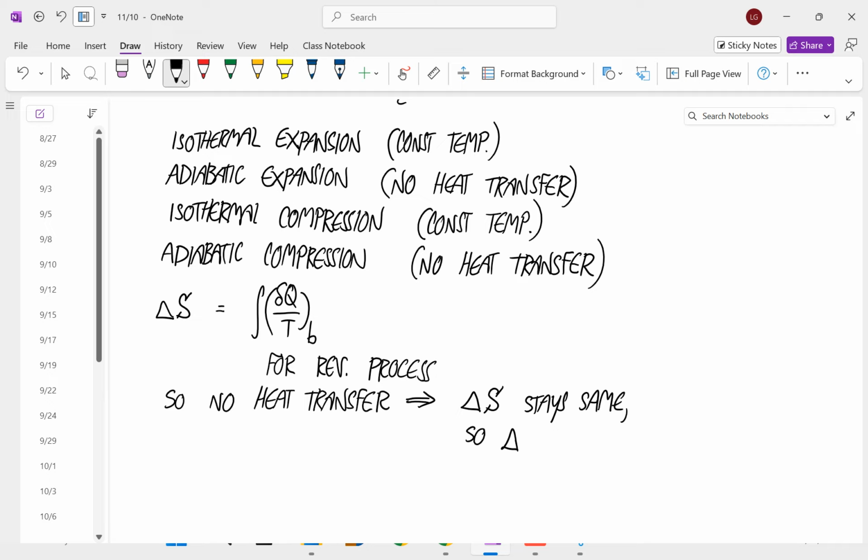So delta little s stays the same. Is it the same or is it 0? Yeah, S stays the same. So delta S is 0.